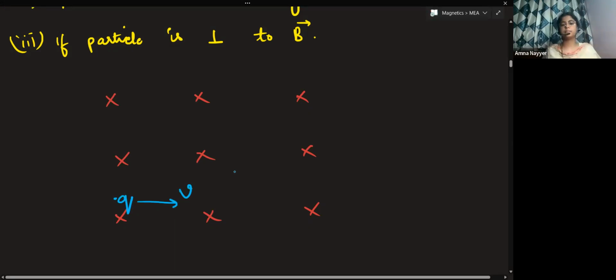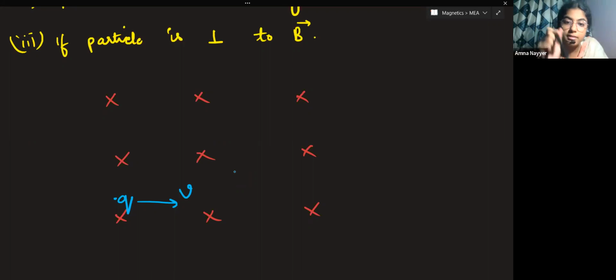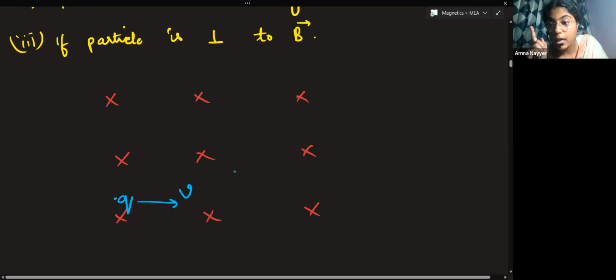Now all of you quickly tell me the direction of the magnetic Lorentz force. Magnetic field is inside, velocity is to the right-hand side. Whoever is forgetting, check your notes. The cross symbolizes inwards.